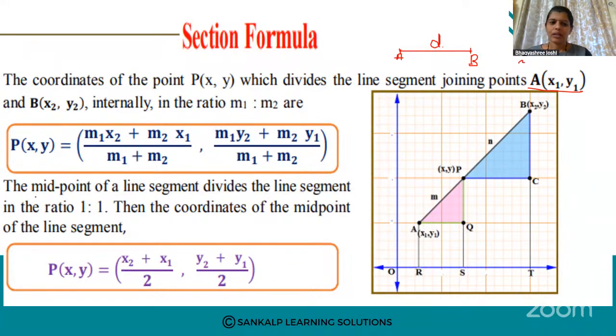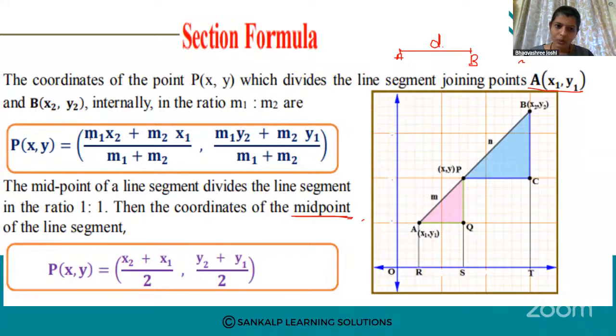Remember, the midpoint of a line segment divides the line segment in the ratio 1:1. When the line divides in the ratio 1:1, that means m1 is 1, m2 is also 1.